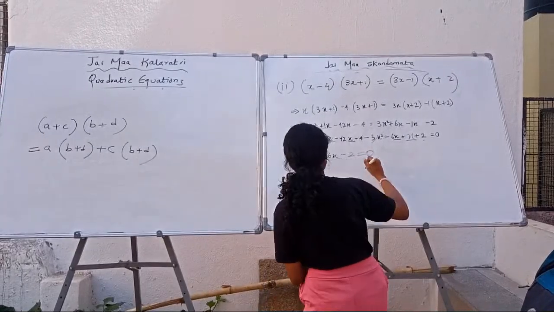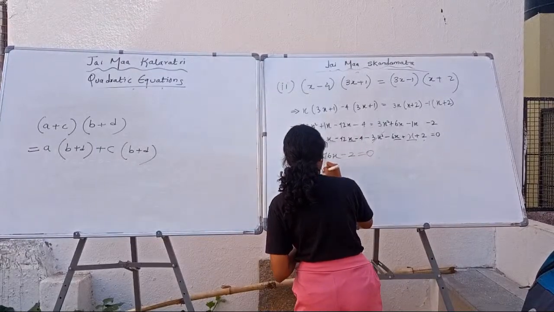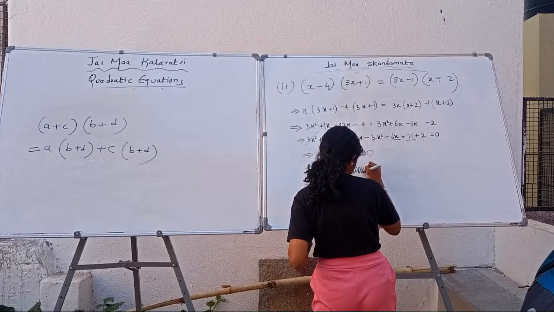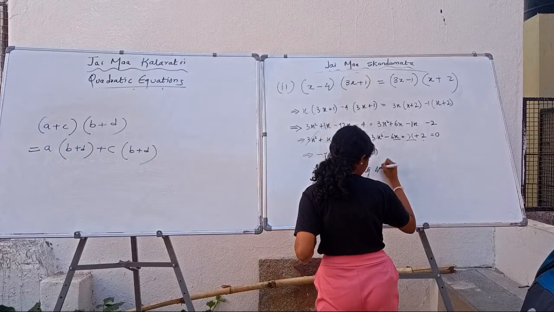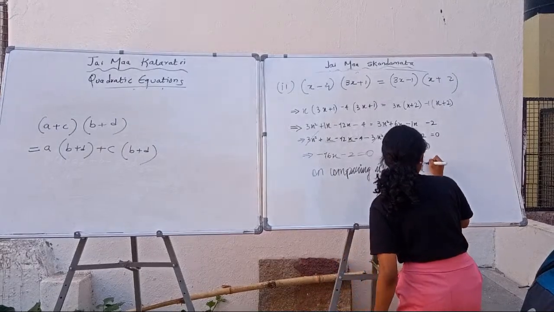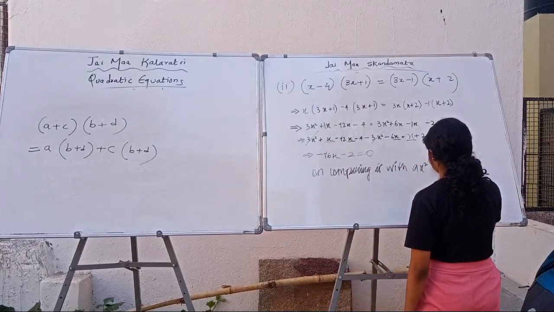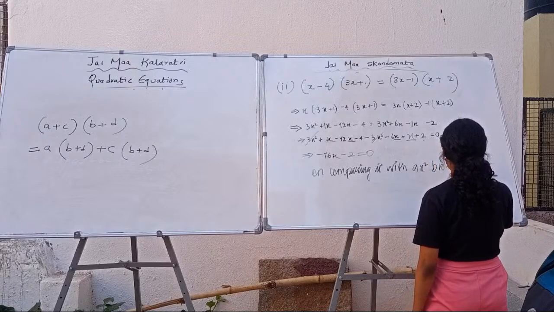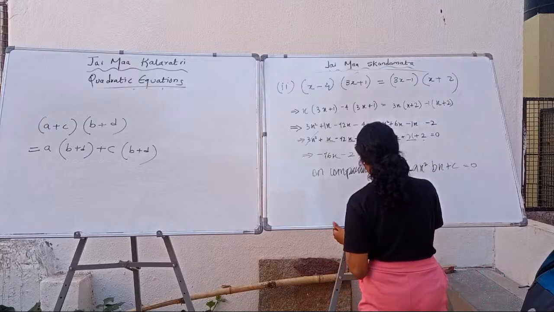On comparing it with ax square plus bx plus c is equal to 0, we get a is equal to 0.